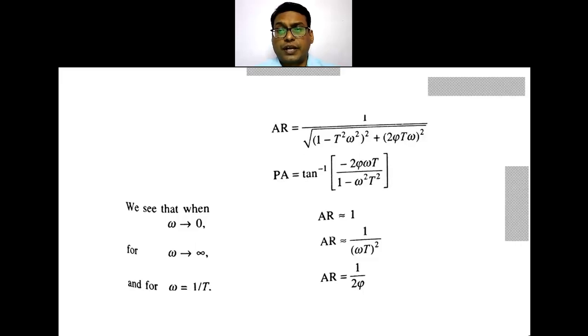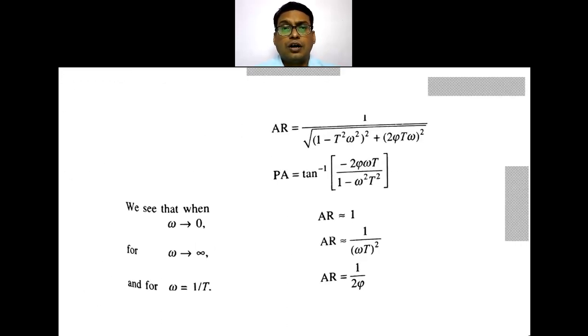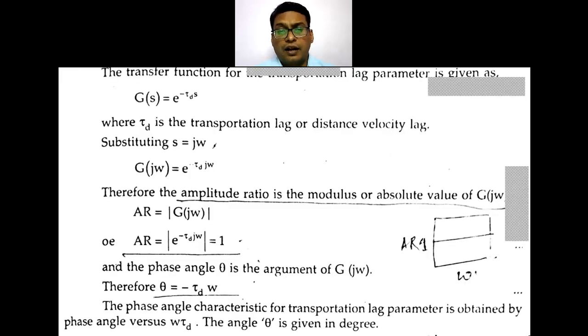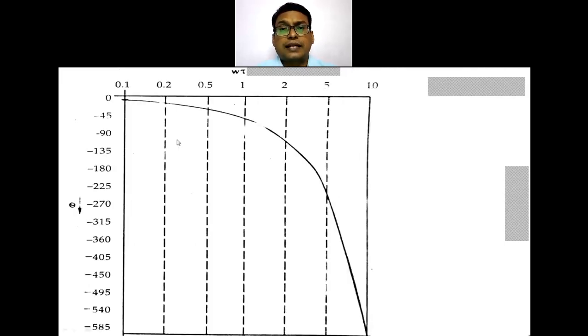Then this is the derivation that is given, and if we plot theta equal to minus tau d omega, the behavior is like this: all the angles come as minus 45, 90 and so on. So it goes on decreasing. So this is for the transportation lag function.